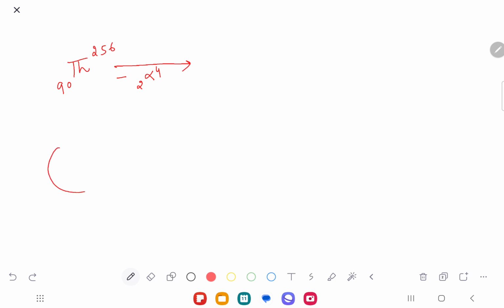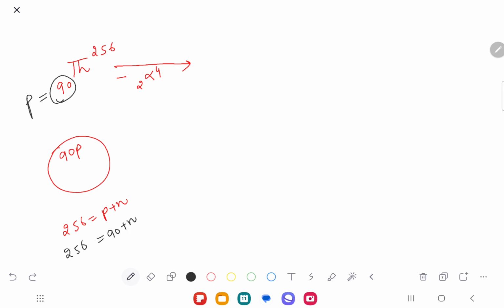2, 4 means from the nucleus of thorium, we had 90 protons, and we know that 256 is equal to protons plus neutrons. So protons was 90 in this nucleus, and neutrons we had to find out. This number represents the number of protons.